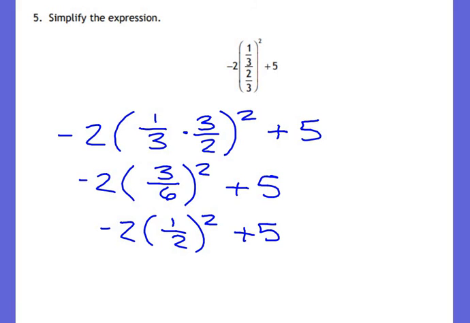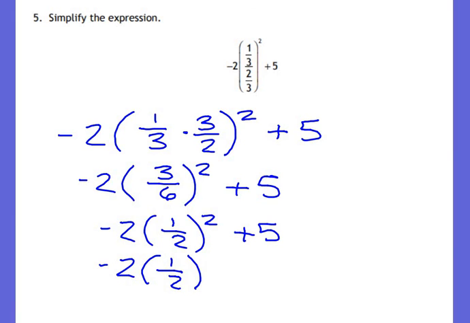Any other work? I still have a parenthesis there. Is there work inside my parenthesis I need to do? No. Okay, so what do I need to handle next? Exponents. So is this 1/2 times 2? No, it's 1/2. Okay, I'm rewriting it.